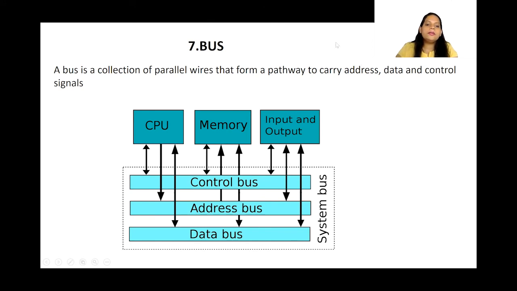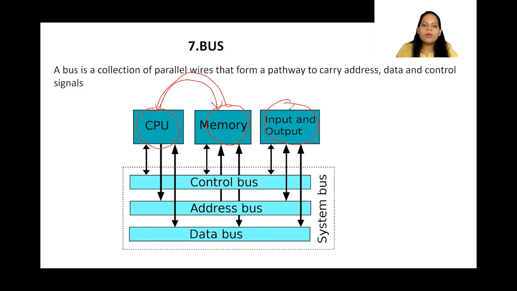So see here, understand this diagram. Here we have our CPU, here we have our memory, and here we have our input and output. Now what happens? When the CPU is performing certain operations, it needs some data, so it will call from the memory. It takes from the memory, certain operations are performed, and after that it gives it back to the memory.